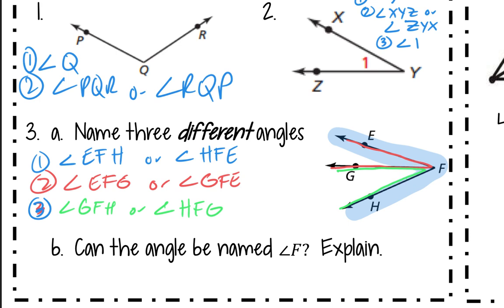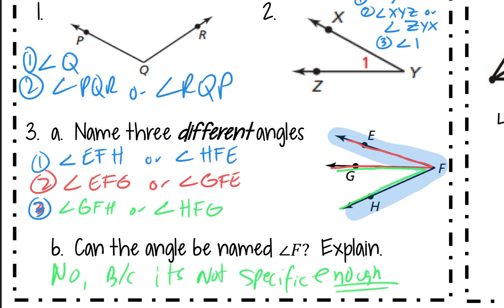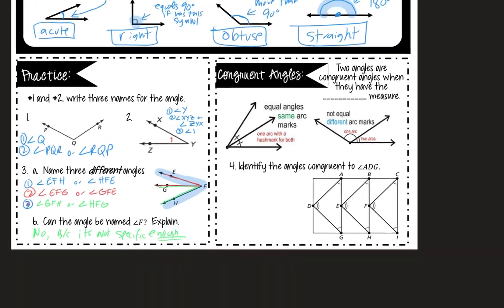And the answer is no, because it's not specific enough. What do I mean by F? Is it this red one? Is it the green one? Or is it the blue one? If we just say F, that's not enough.